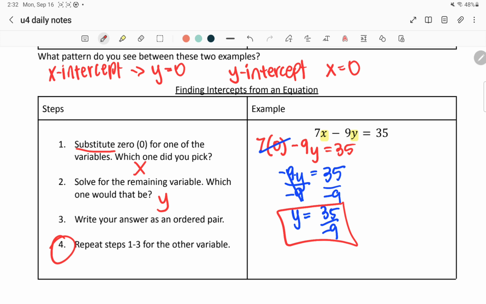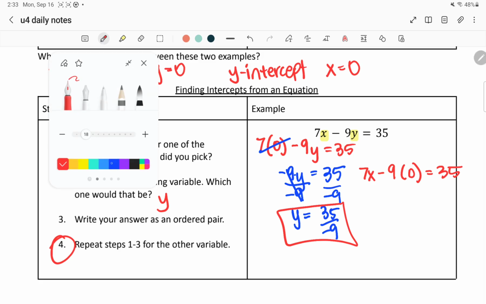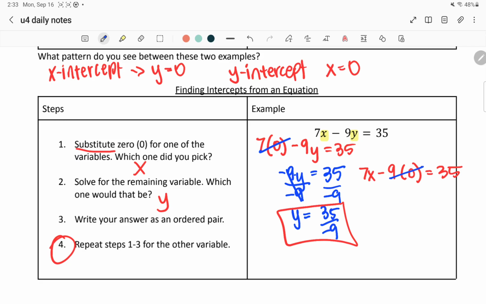So that means I substituted 0 for x last time. I need to substitute 0 for y. And then solve again. Okay, so this is going to become 0, because anything times 0 is 0.